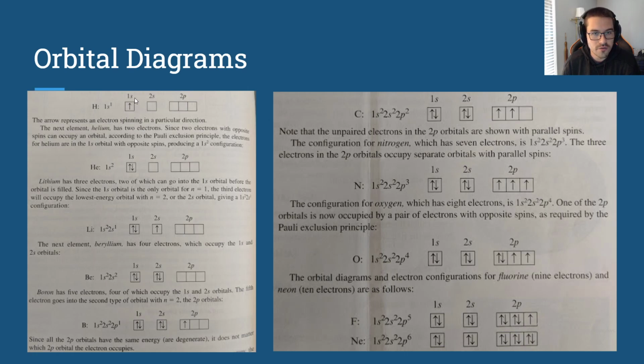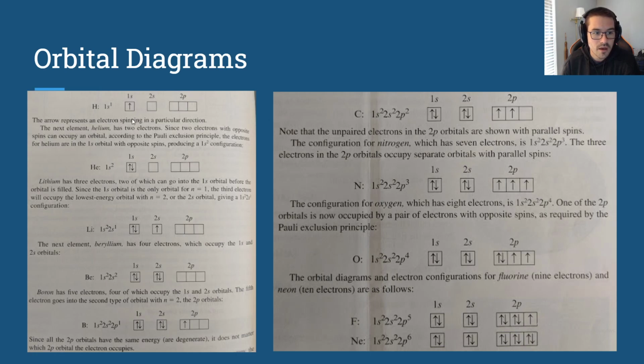The direction of the arrow represents the electron's spin. Now, I don't personally think it's that important to know every little detail here, but basically electrons can have one of two spins, up or down. So in each of these boxes you're going to have an up arrow or a down arrow or both.